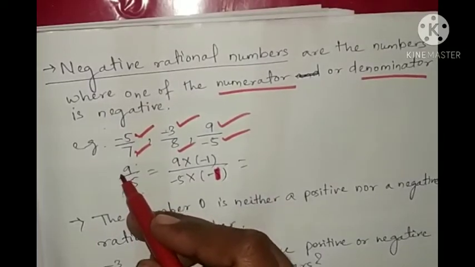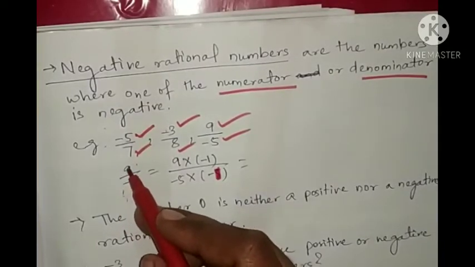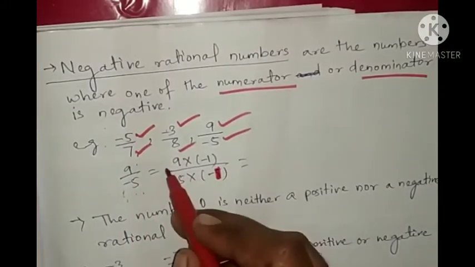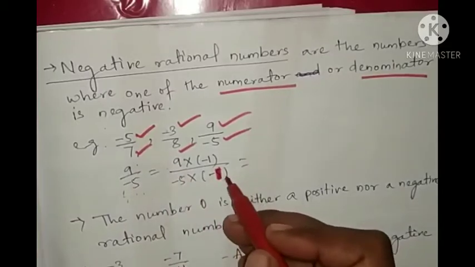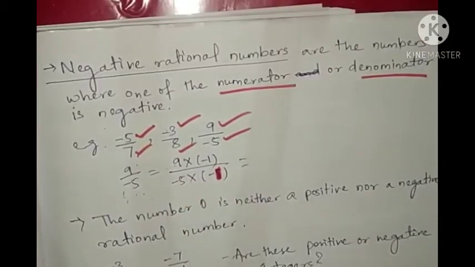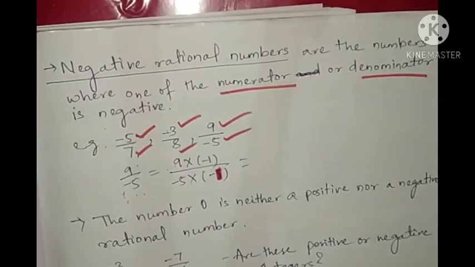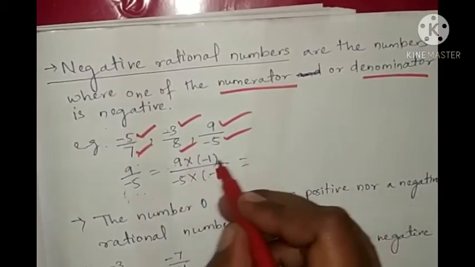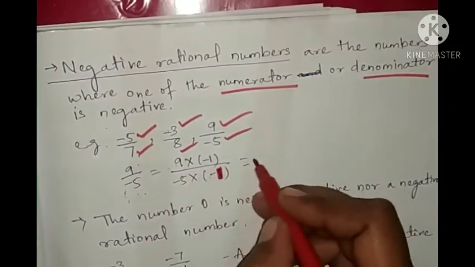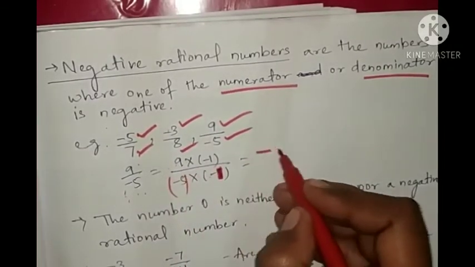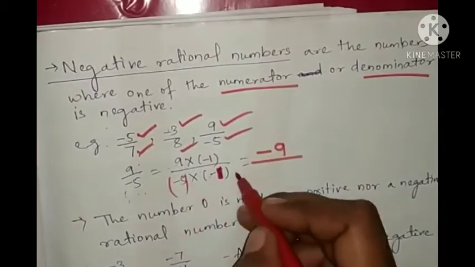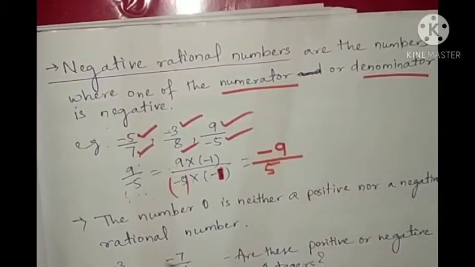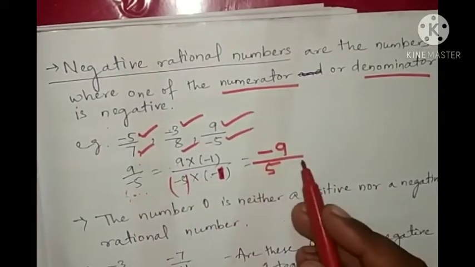If we multiply both the numerator and denominator by minus 1, then 9 into minus 1 is minus 9, and minus 5 into minus 1 equals plus 5. So 9 by minus 5 is equal to minus 9 by 5.